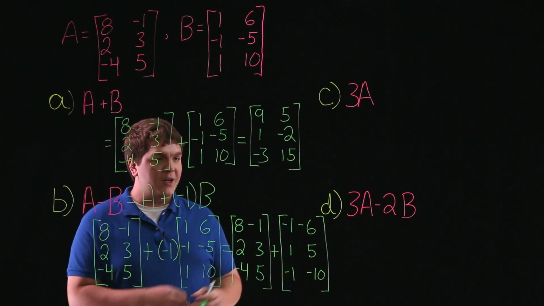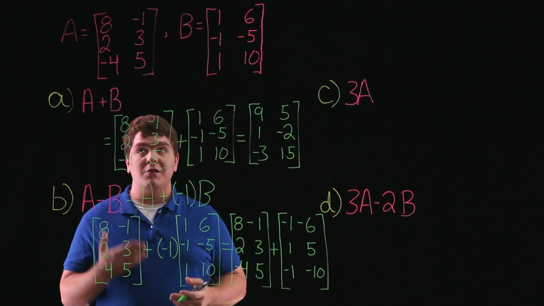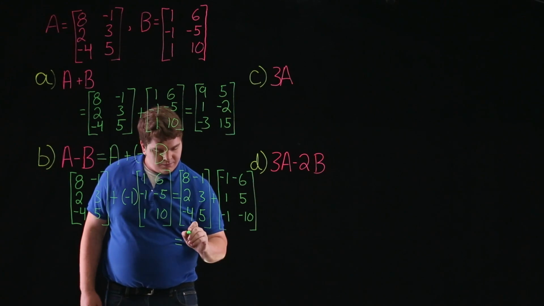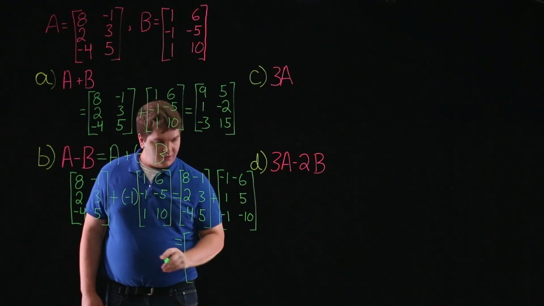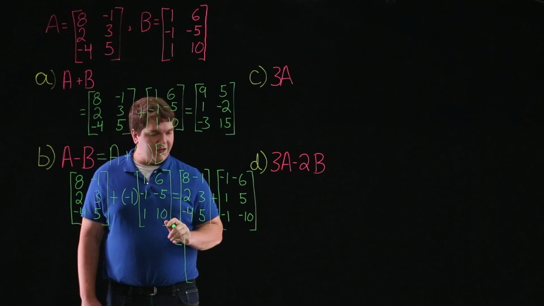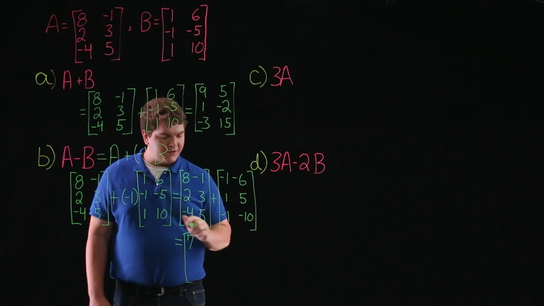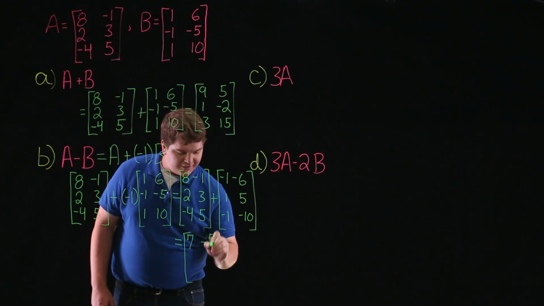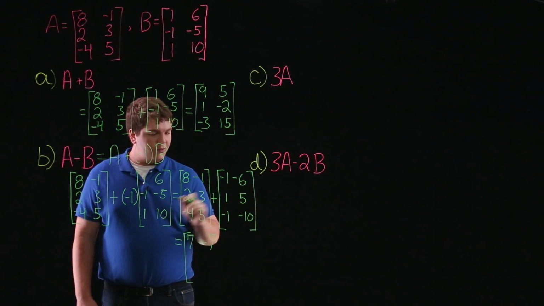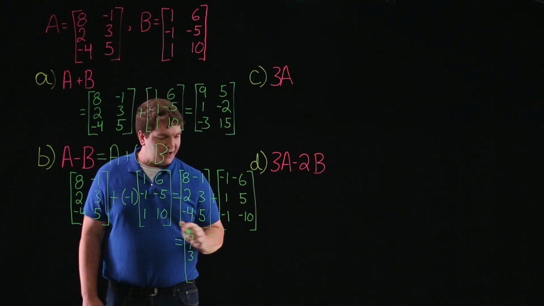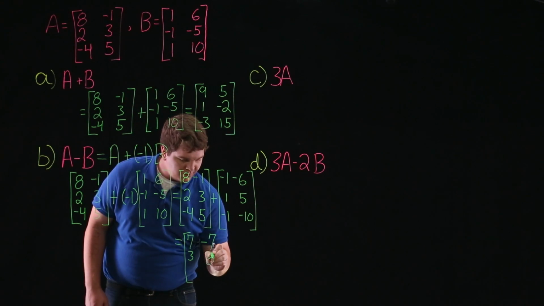Now we add these two matrices in the same way that we added the two matrices in part A. So we'll have 8 plus negative 1 is 7. Negative 1 plus negative 6 is negative 7. 2 plus 1 is 3. 3 plus 5 is 8.